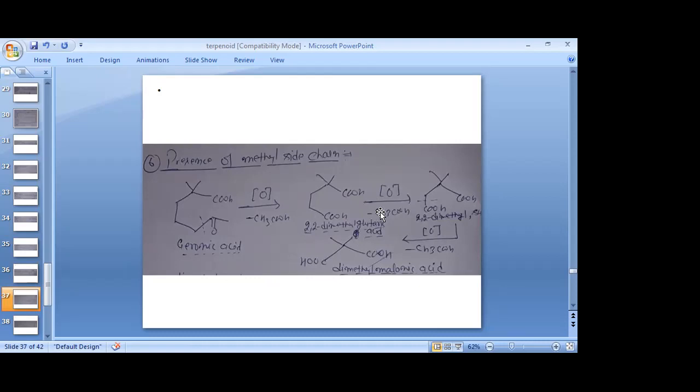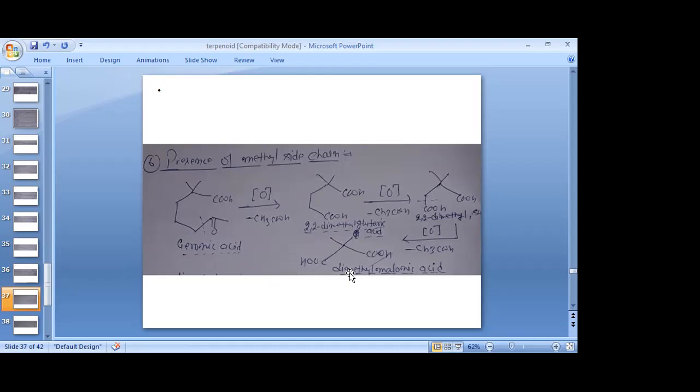After that, once again oxidized, they convert into 2,2-dimethyl succinic acid. And after that, on oxidation with a strong oxidizing agent, they lose one CH3COOH, acetic acid, and then convert into dimethyl malonic acid.